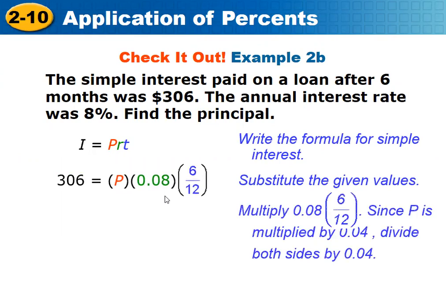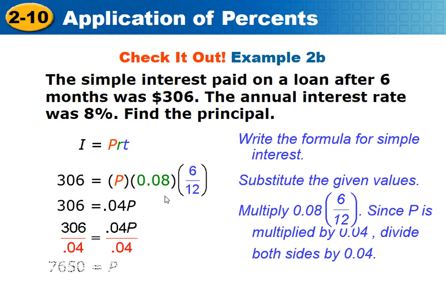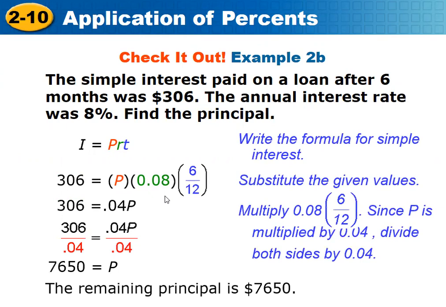And then the principal will be 306 divided by 0.04. Then the answer will be 7,650. So the principal is $7,650.